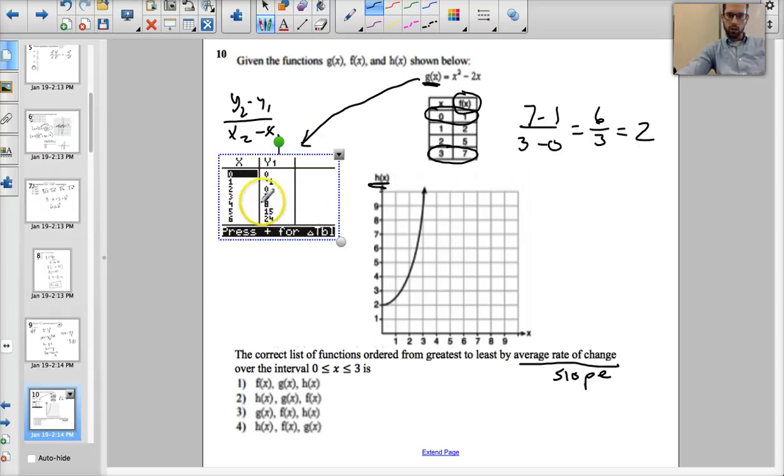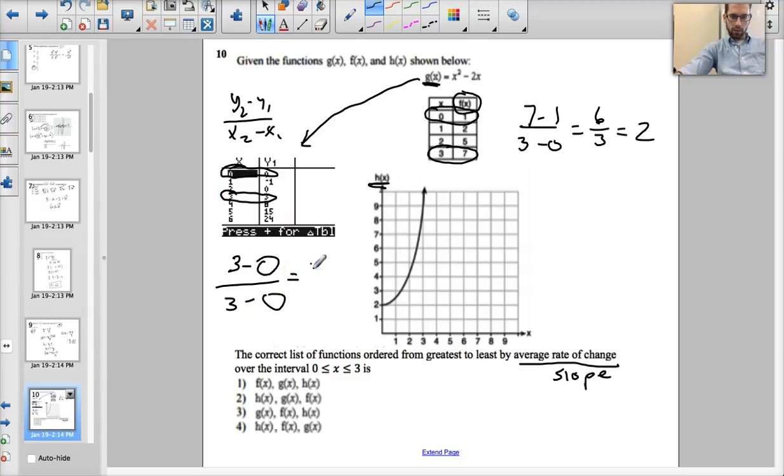So from the point (3, 3), that's one of the points I care about, to the point (0, 0). That will be the change in y, 3 minus 0, over the change in x, 3 minus 0. That's 3 over 3, which is equal to 1. So the rate of change for g of x is equal to 1. That is a poorly drawn 1. I'm going to just do that again because that's just nasty.